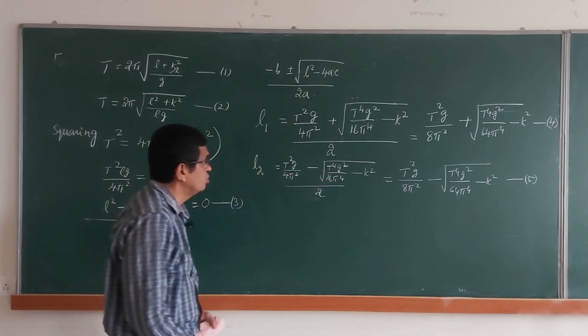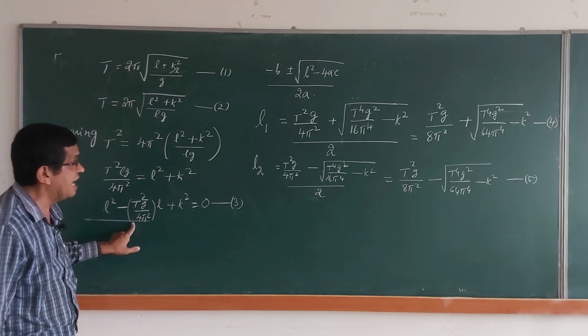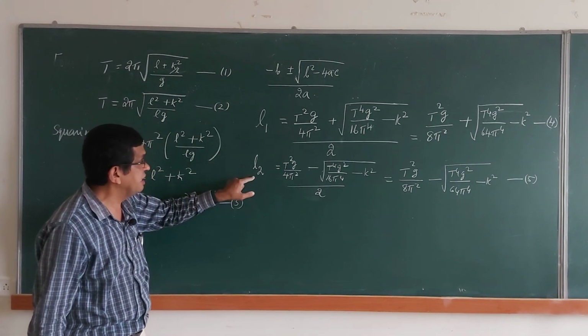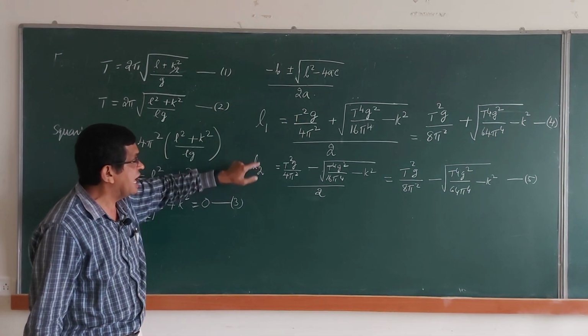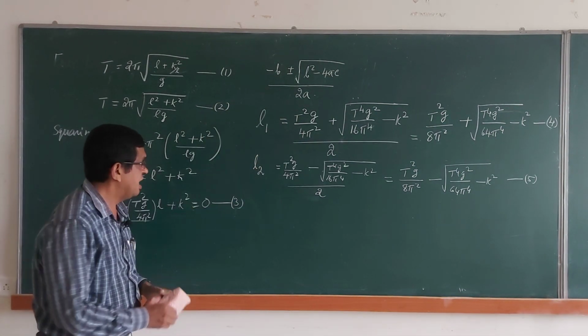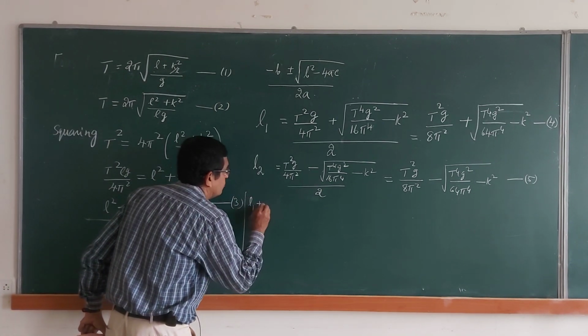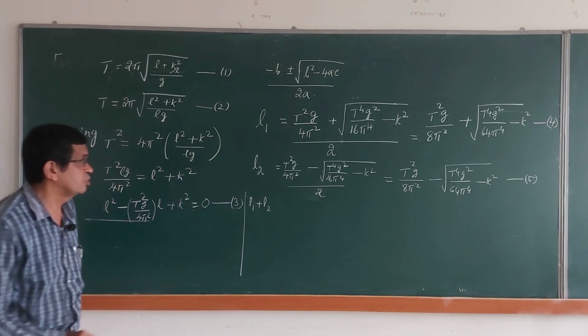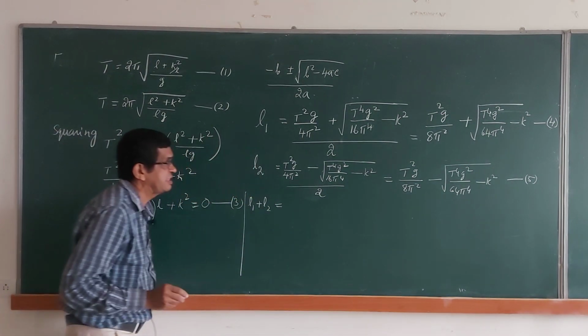Therefore, you have the two roots of this quadratic equation in L as L1 and L2. And let us find out what you will get for L1 plus L2.